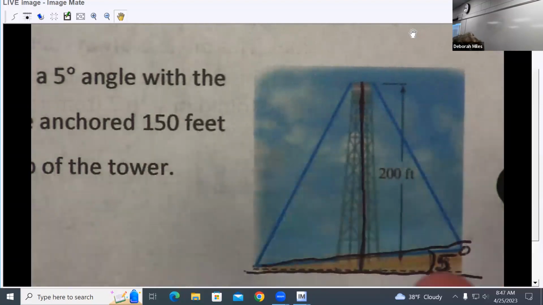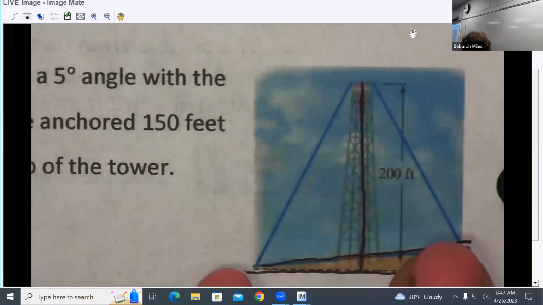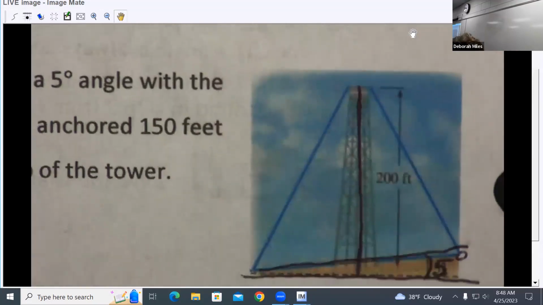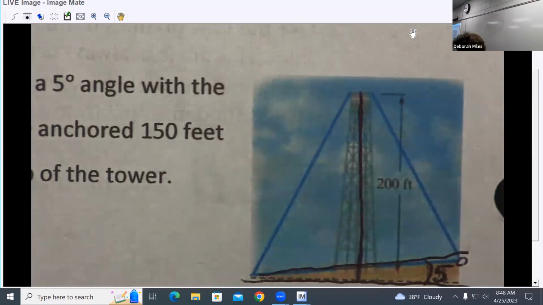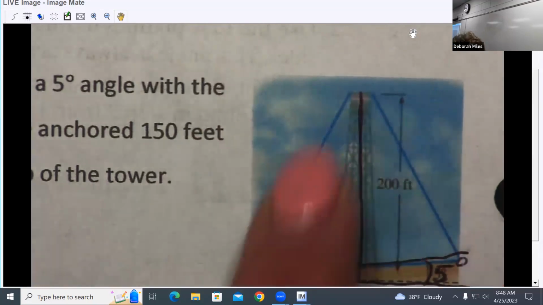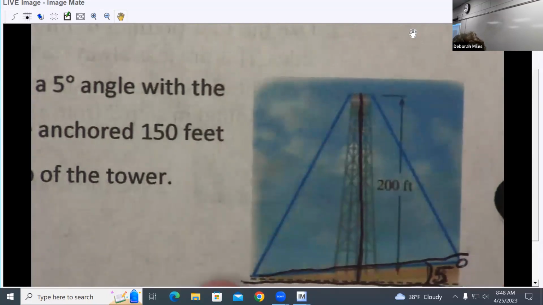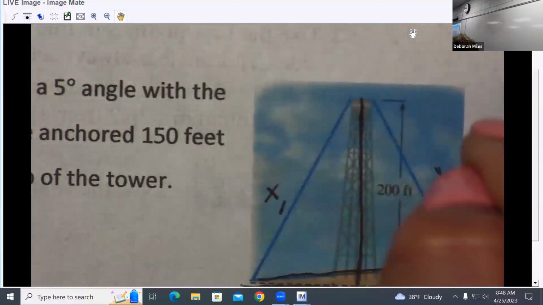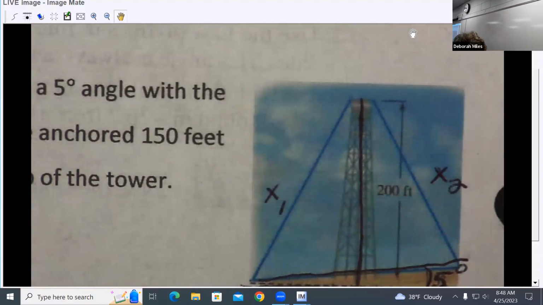Find the length of the two guy wires. That's these two wires tightly anchoring the tower so that it stays perpendicular to the horizontal. Are those two guy wires going to be the same length? No, the one attached downhill is going to be longer than the one attached uphill. So let's call them X1 and X2, and we expect X1 to be bigger than X2.